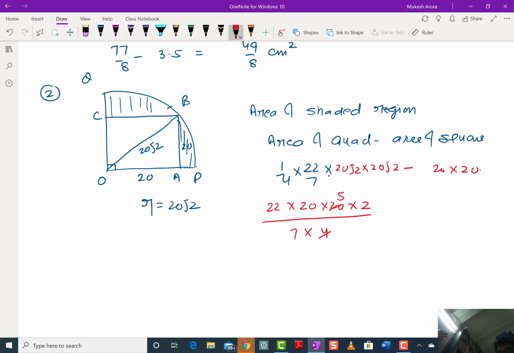This is 5 minus 400. So this will be 628. We can put the value of pi as 3.14 by 100. So this also will be cancelled. 628 minus 400, it will be 228 centimeters square. Question 3.